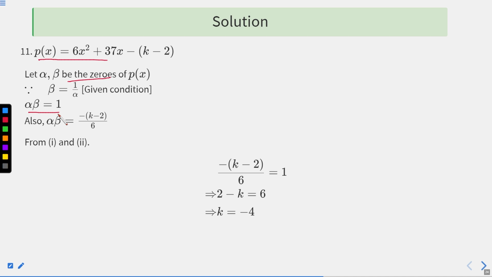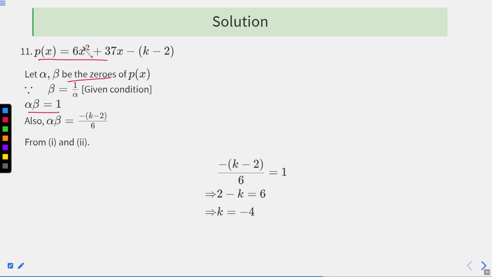Also we know the product of zeros is equal to the constant term divided by the coefficient of x squared. In this quadratic polynomial, the constant term is minus of k minus 2 and the coefficient of x squared is 6. Okay, so alpha times beta is equal to minus of k minus 2 divided by 6.